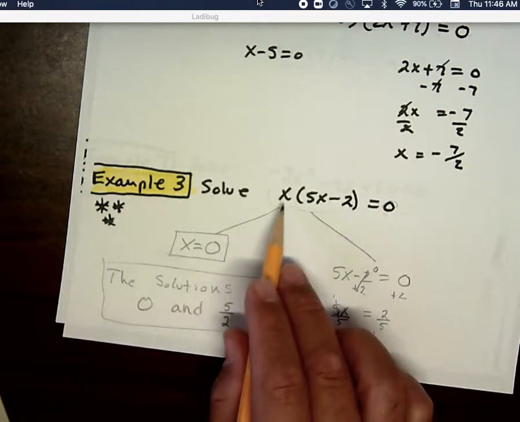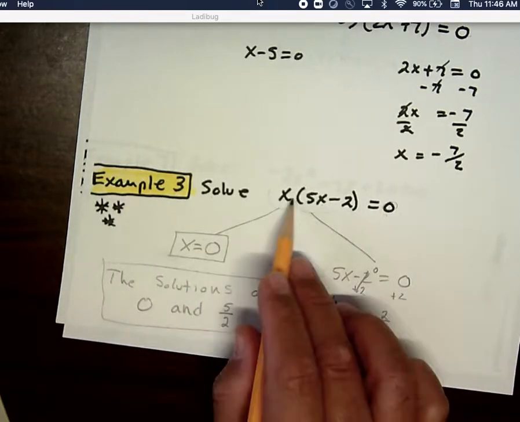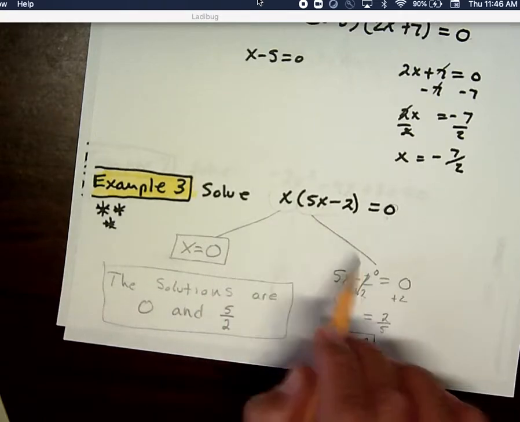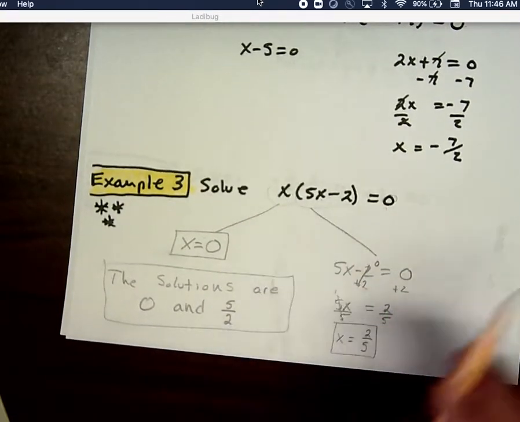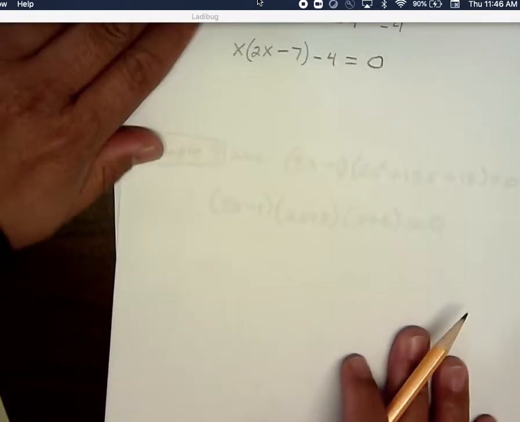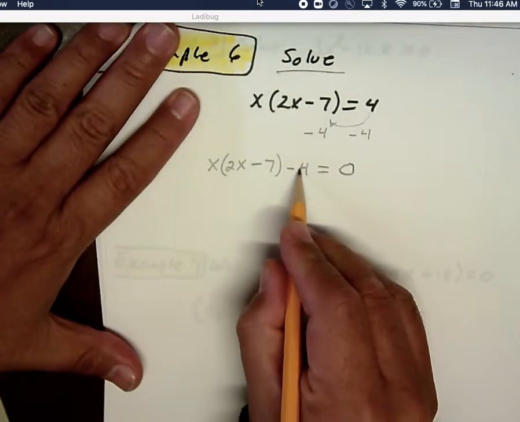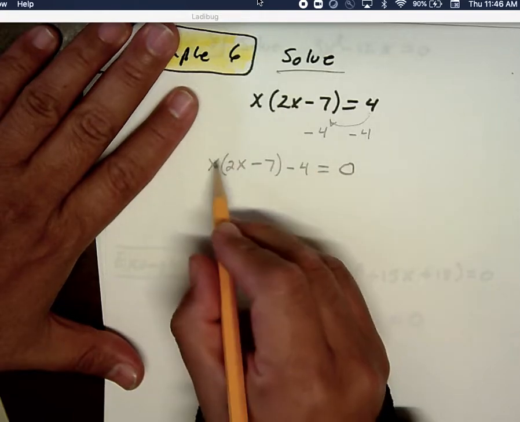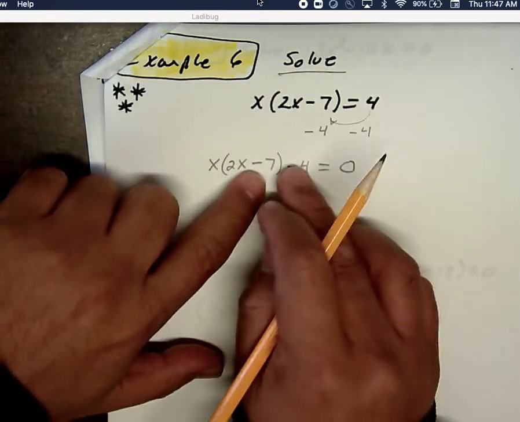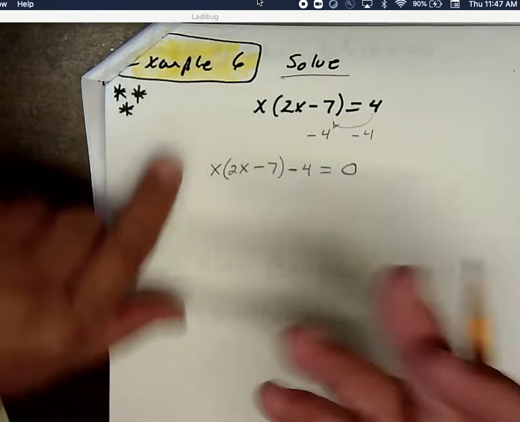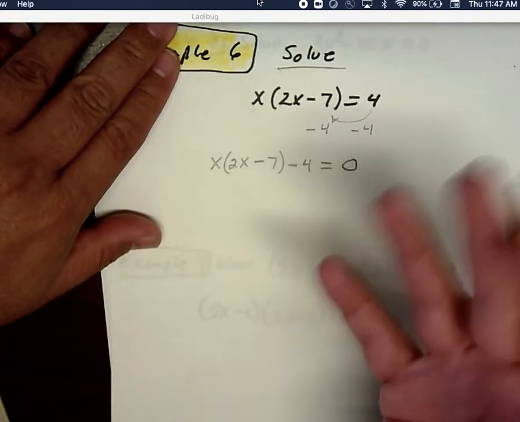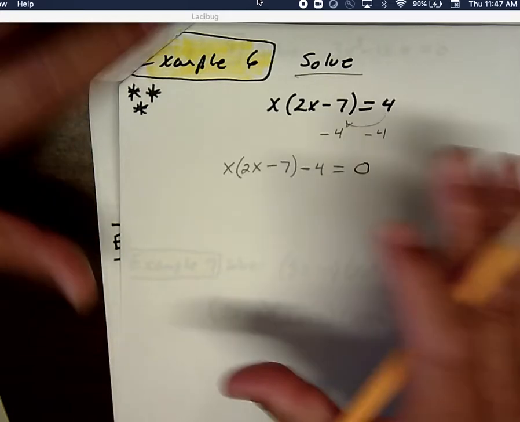So number 3 you could separate them from the start because they were already factored. This one has a 4, so this number changes things. So we can't just separate them like that. That's a minus. You can't do that. It needs to be a factor. It needs to be multiplication where two things are multiplying like the other one.